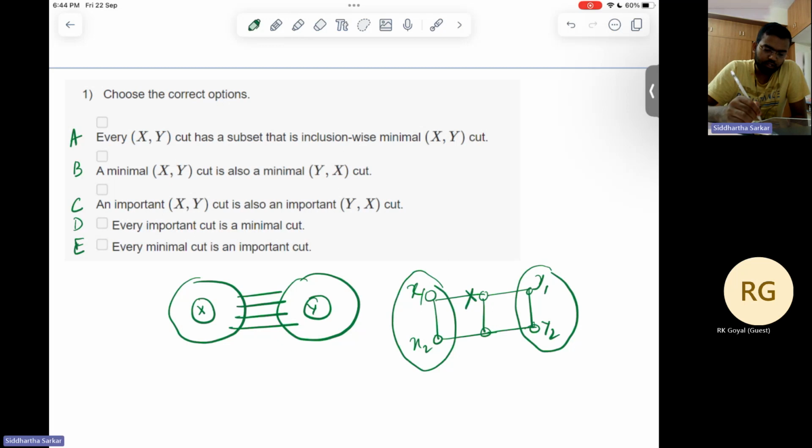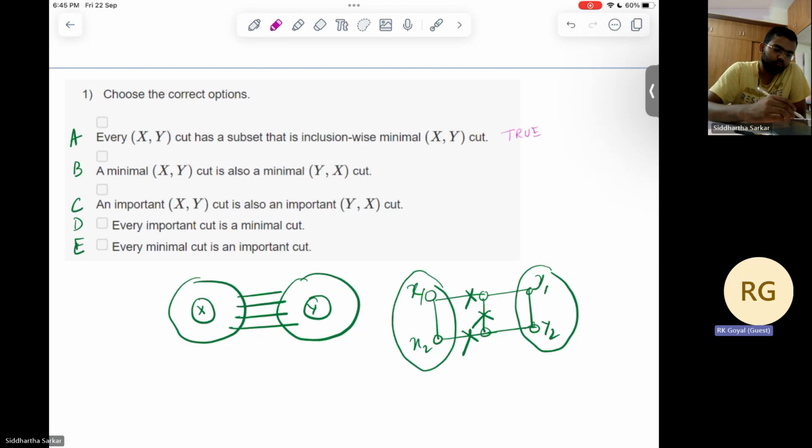If you cut this, and you cut this, and you also cut this, it is a valid cut. This is not a minimal cut because this one was not necessary to remove. But you can always take a subset of this cut to get a minimal cut. This is true. Let me mark it true.